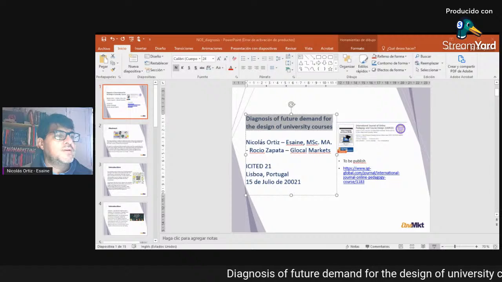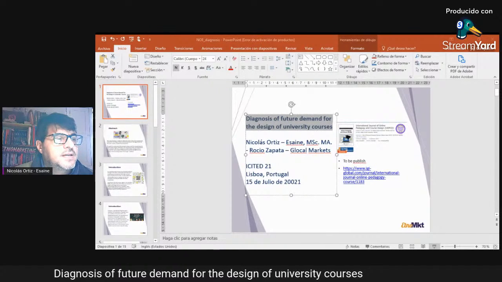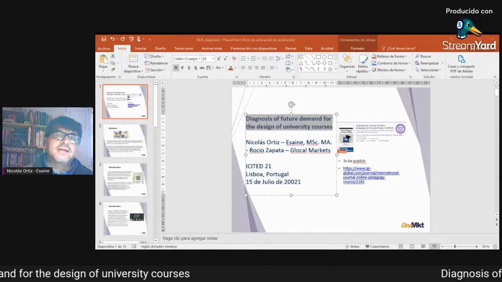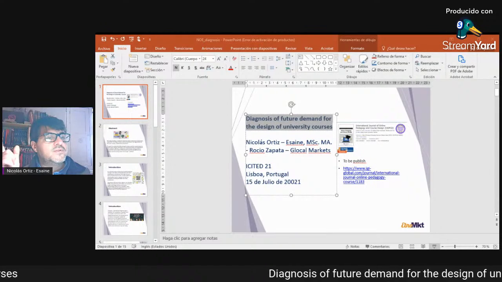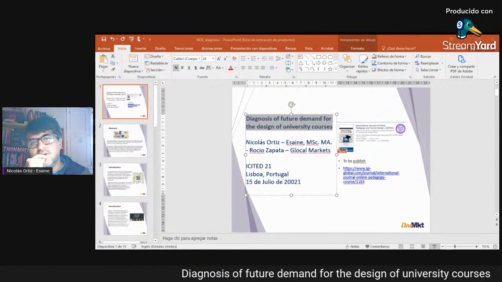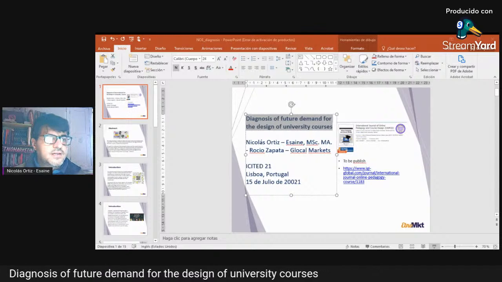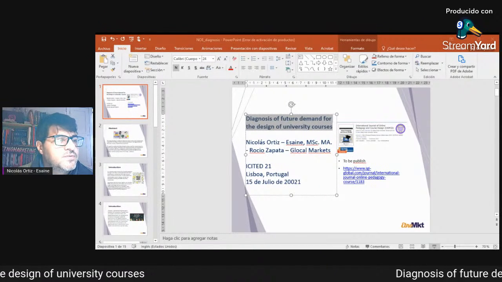And in a specific way, the diagnosis of future needs has to be based on country needs, job offer, and evolution of knowledge, so that professionals join in a position about their future potential.